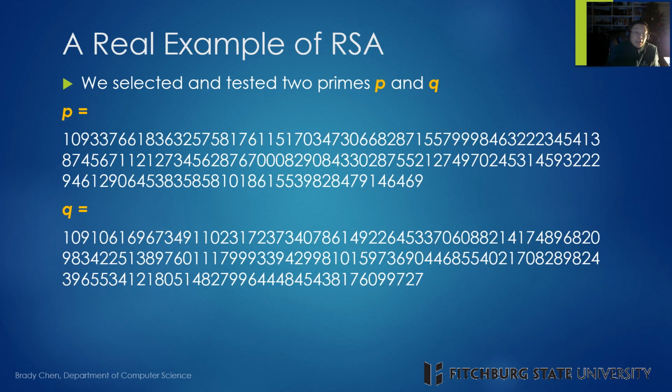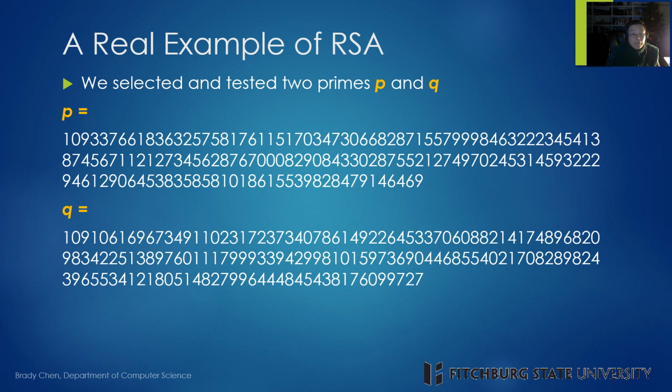Now, here is a real example. This example is going to give you some idea of what kind of numbers RSA is dealing with. We selected two odd numbers.